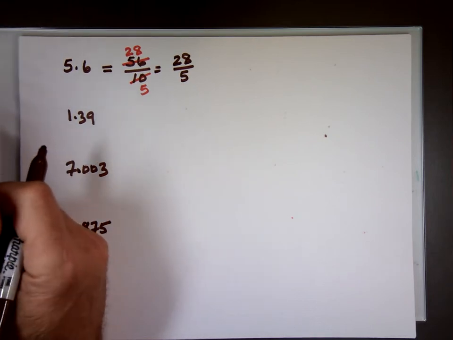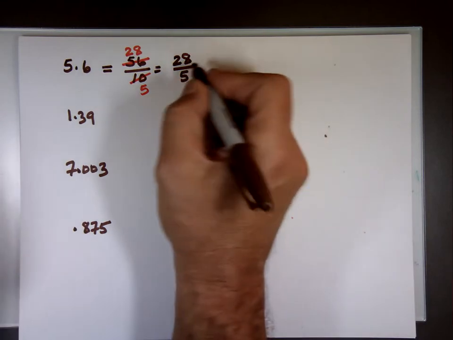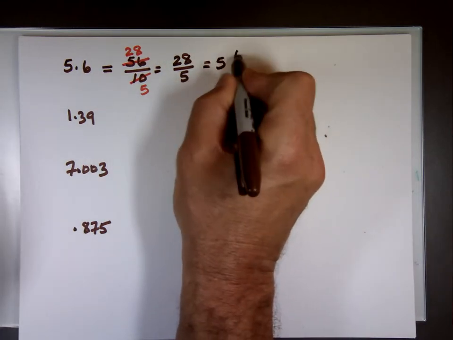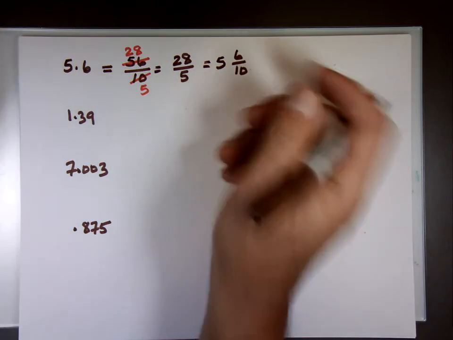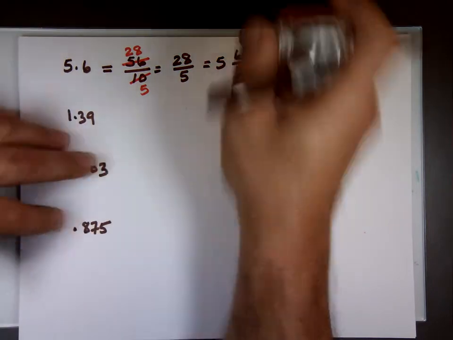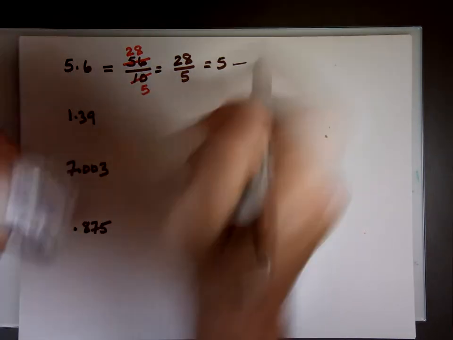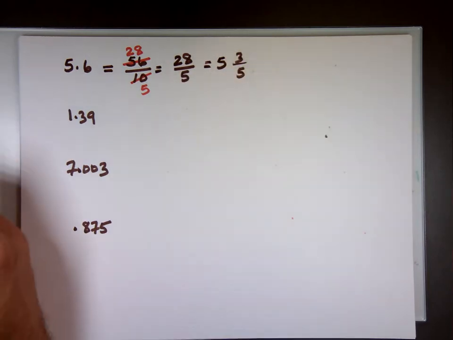If it's even at the end, you can divide it by 2. Now again, if you write that as a mixed number, what do you think? Is it 5 and 6/10? Or 3/5 actually. 6 over 10 is the same as 3 over 5, because you can simplify 6 over 10 to 3 over 5.